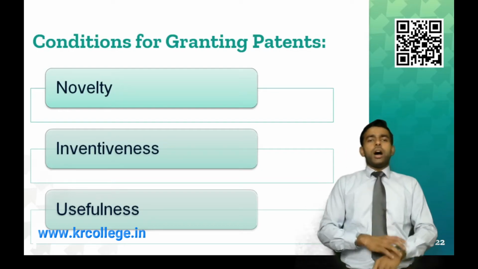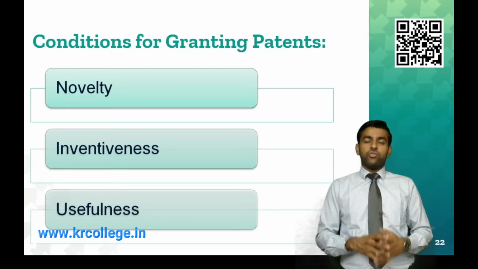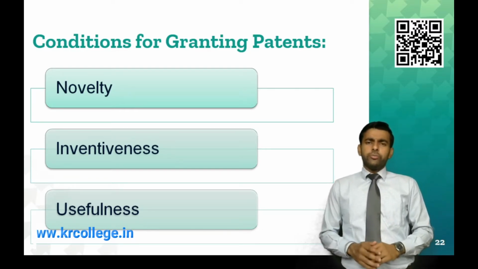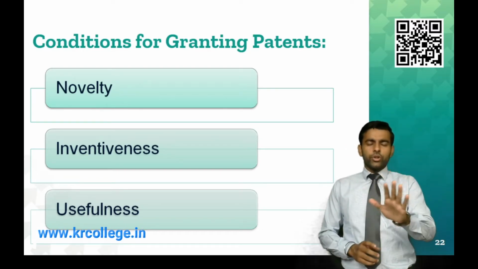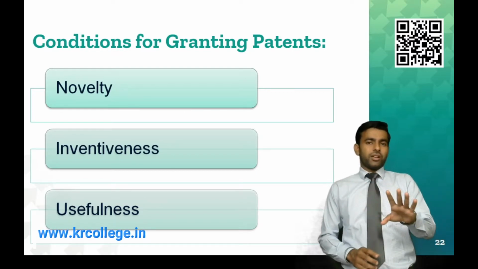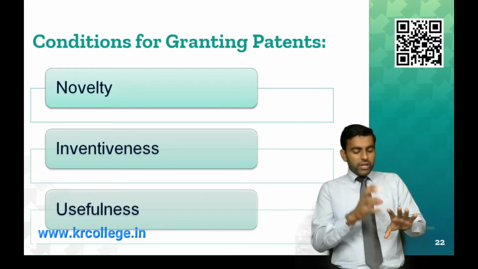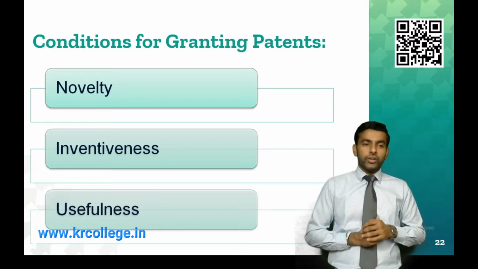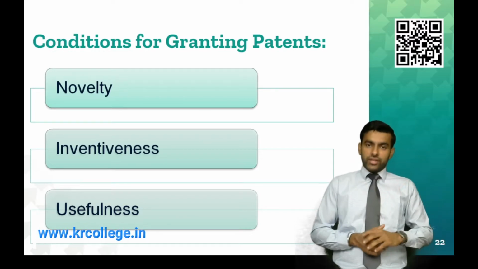Now, what are the conditions for grabbing patents? First one is novelty. Novelty means something new. It should not be published, represented or presented to the public before. A patent should be exactly a new thing to the market. That is something we call novelty. Second one is inventiveness.